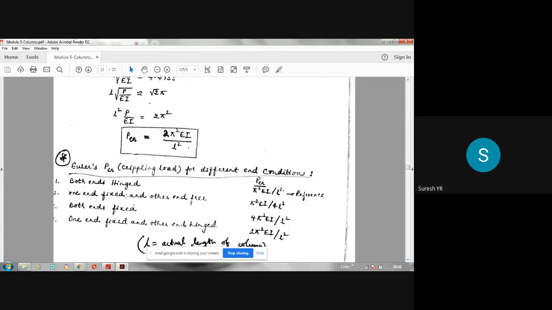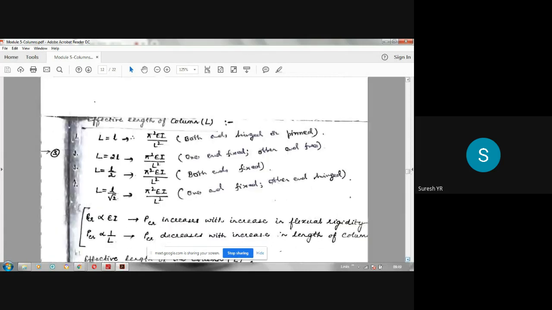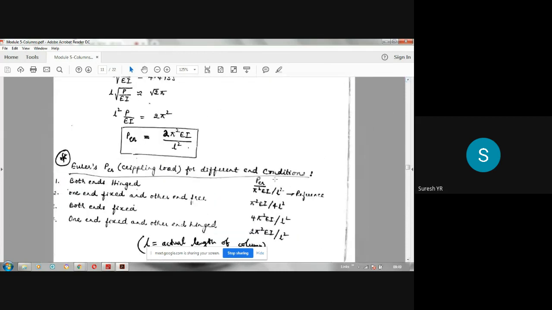Now using this formula, you can define another thing called effective length, denoted by capital L. The standard formula is normally taken for both ends hinged, so both ends hinged is taken as the reference. Because the value of k is 1 here, you can always compute the value of capital L for the other cases.